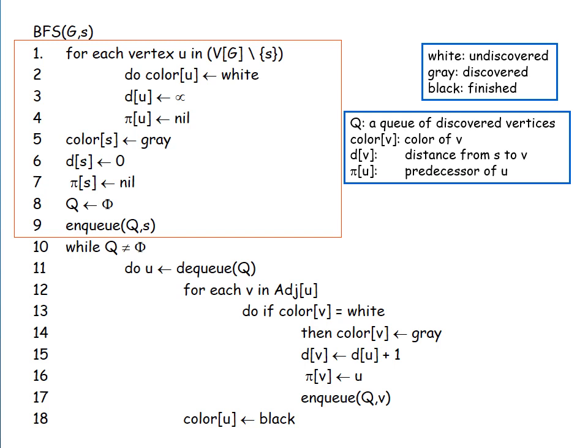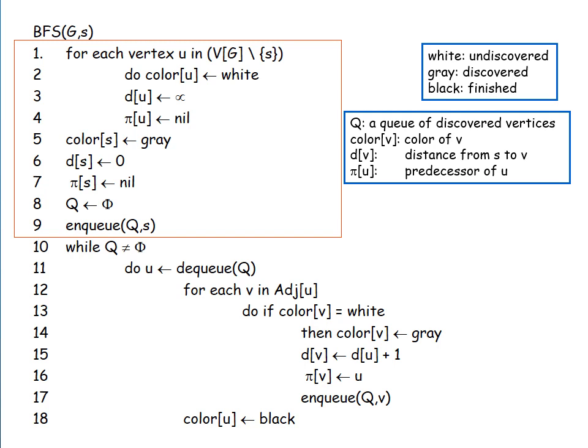We set the length to each vertex to be infinity, and we have the connections from each node to any other node that's going to form the tree to be nil. And this loop loops over all the vertices, and we have this initialized situation.